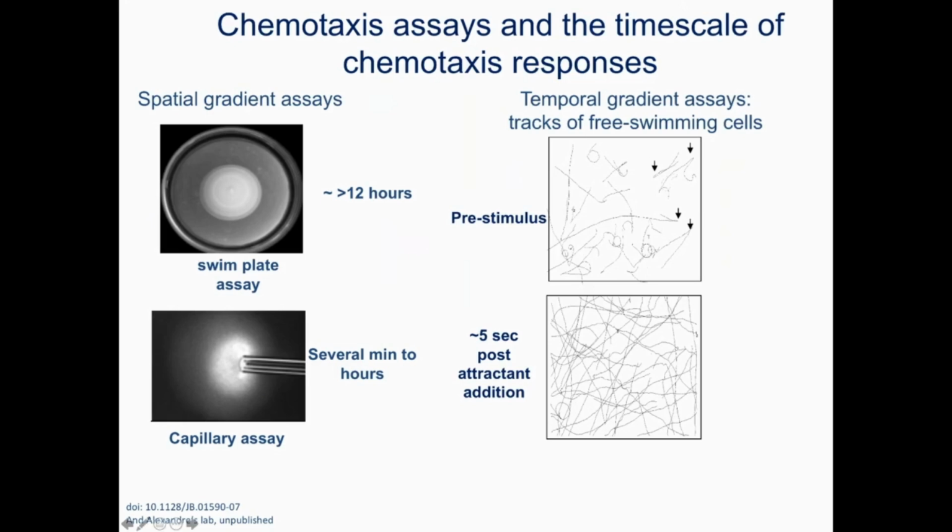By metabolizing this compound, the cells deplete the local environment and therefore create a gradient. If they are motile and chemotactic, they will be able to move up this gradient and form these concentric rings that you can see here after a period of incubation, usually at least several hours.